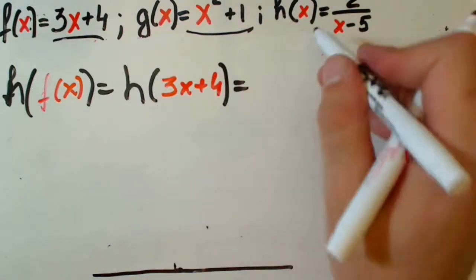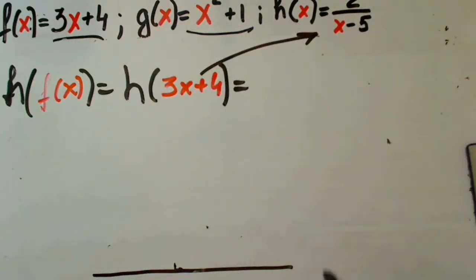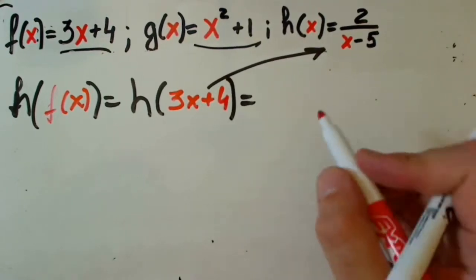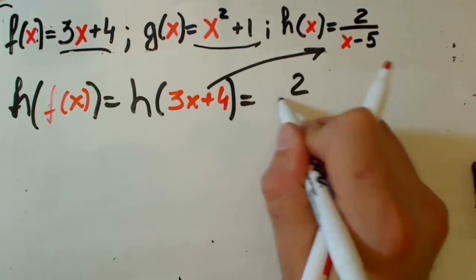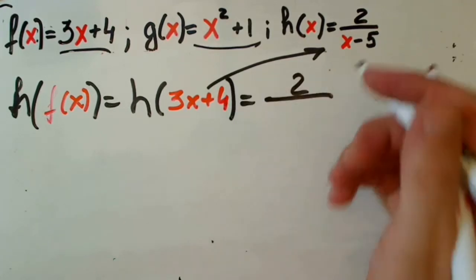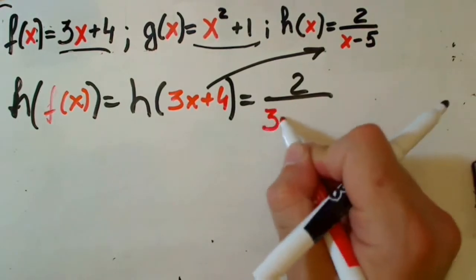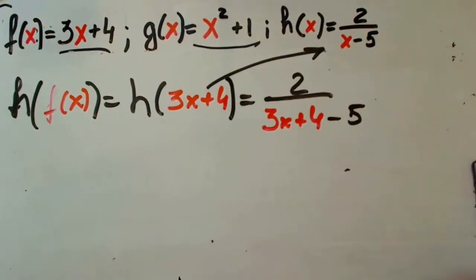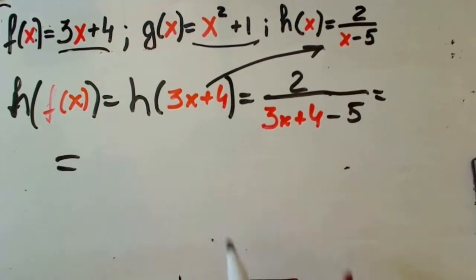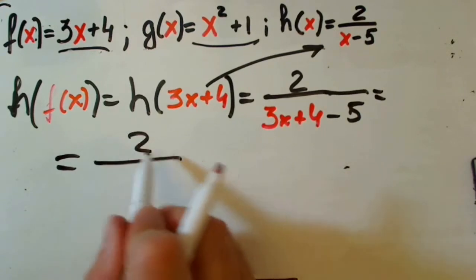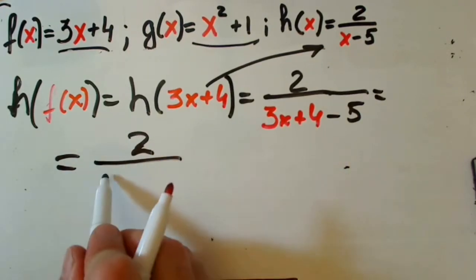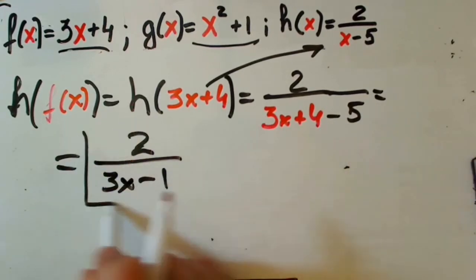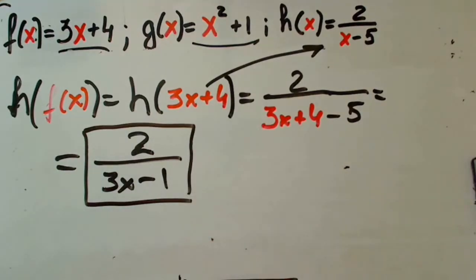Now, let's plug our input into our h function, which is 2 over, what is our input? Our input now, not x, 3x plus 4, and minus 5. Okay, let's simplify similar terms, and we have 2 over 3x, keep the same, 4 minus 5 is minus 1, and this is the result for the composition of functions h of f of x.